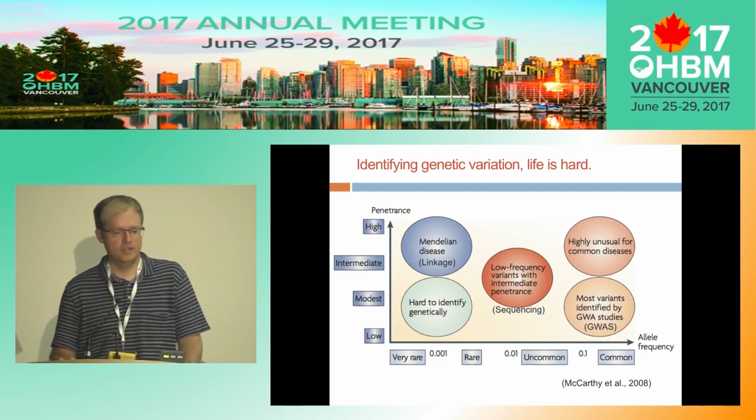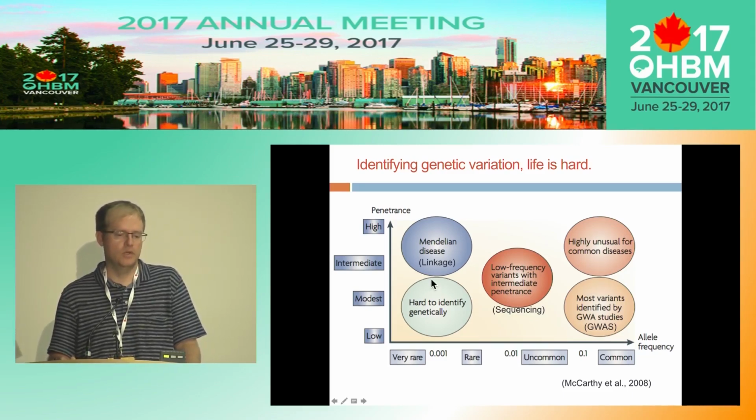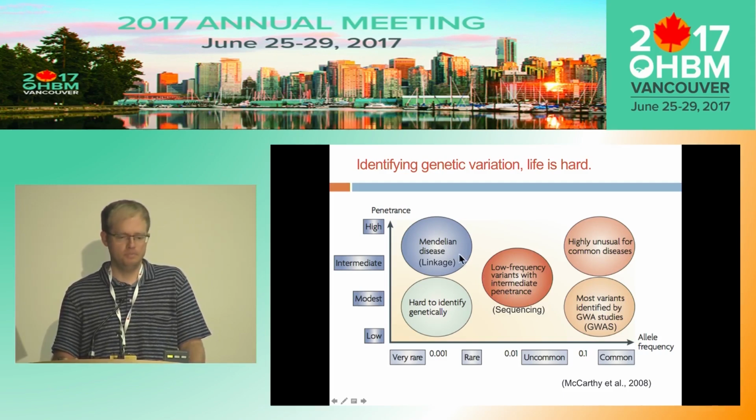There are some unique aspects to this as well. In the rare space, you can also do family-based analyses, and I think you'll hear from David later about family analyses, and then possibly also very large population studies in rare variant analyses. But the trade-off generally falls along this diagonal line.